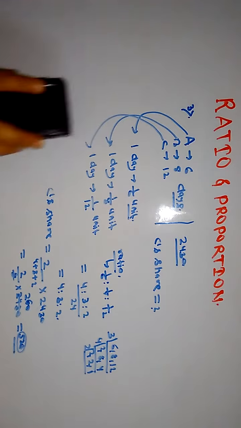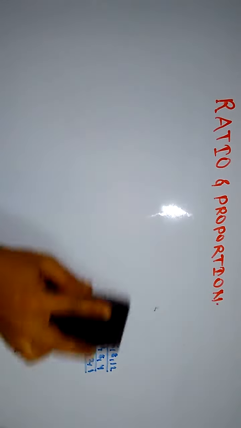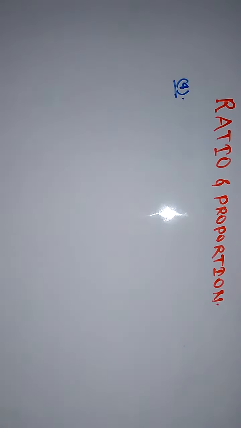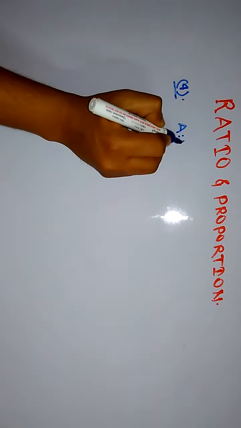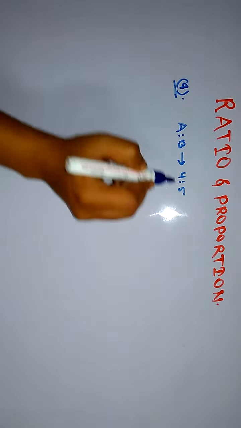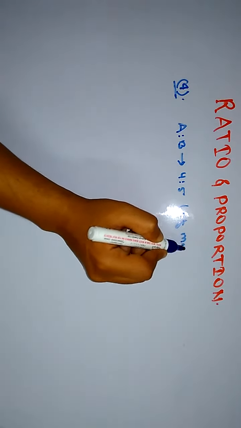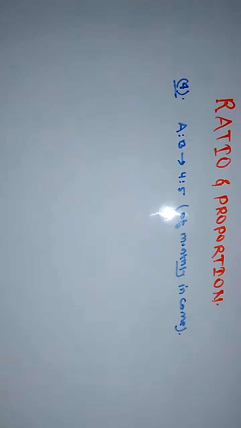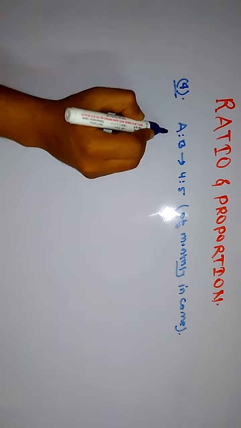Now question number 4 we will see. The monthly income of A and B are in the ratio of 4:5, and their expenses are in the ratio of 5:6.